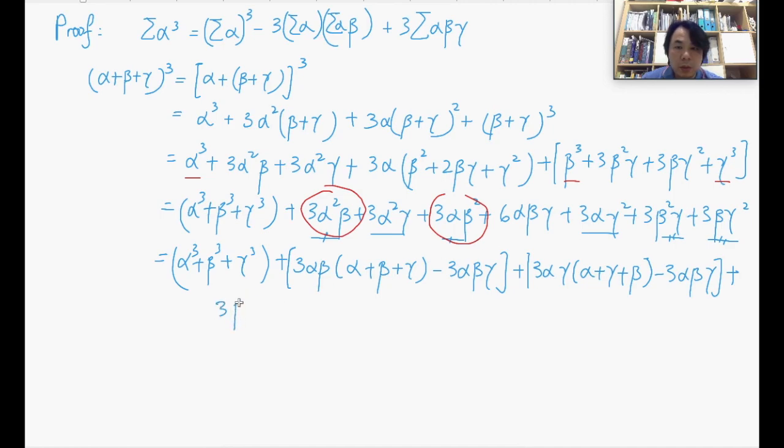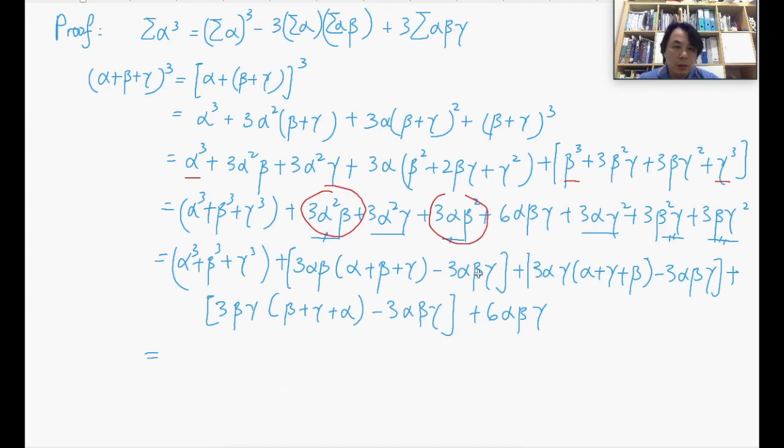So 3 beta gamma. So from here I'll have beta, I'll have gamma, so I can add on another alpha here. Therefore I need to remove 1 alpha beta gamma there. So that's my third term. And then don't forget I have the last one here, which is plus 6 alpha beta gamma. Now that's what I have.